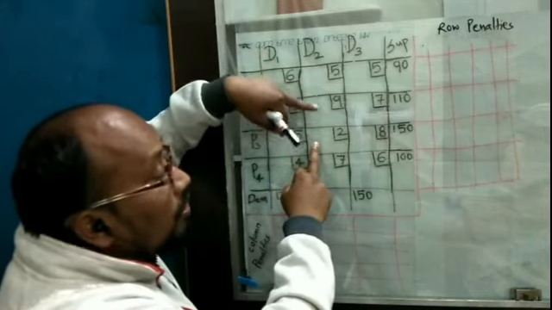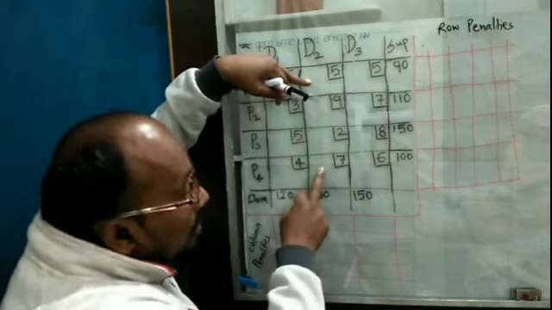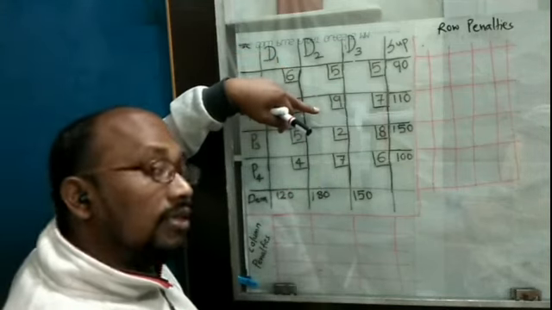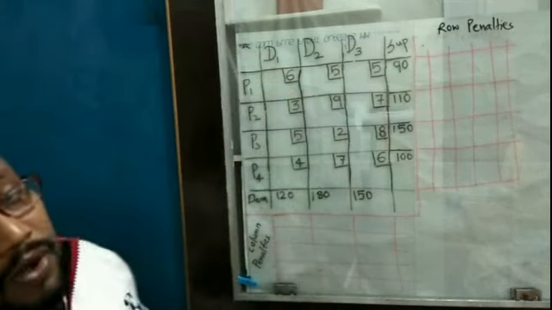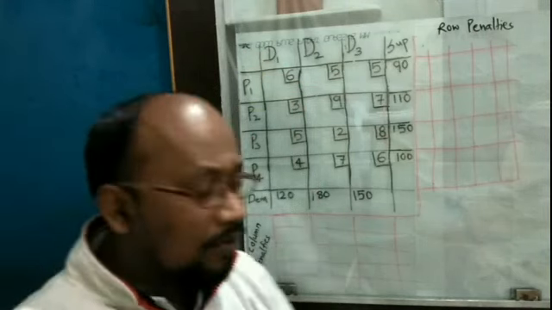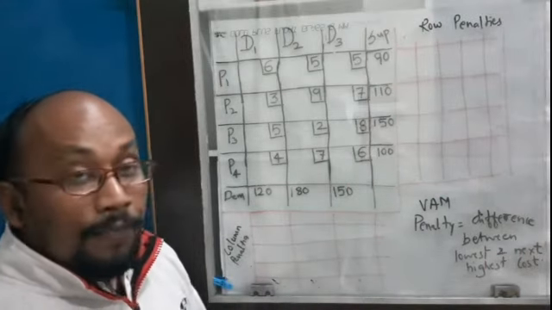If allocation is not possible here, we will try here, and if that is not possible either, the next highest will be 7, and if allocation is not possible there, the next highest is 9. This way we have to find the penalties one by one. So let's calculate. Let's start with the VAM method.